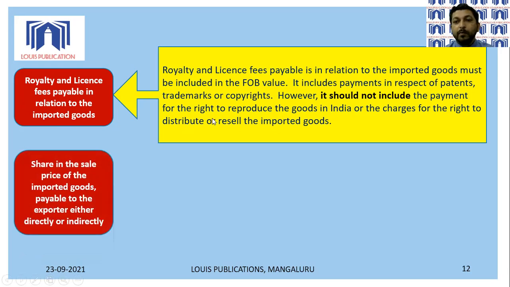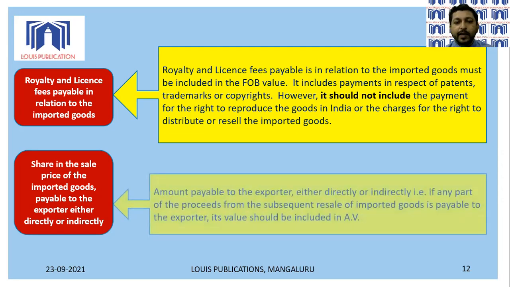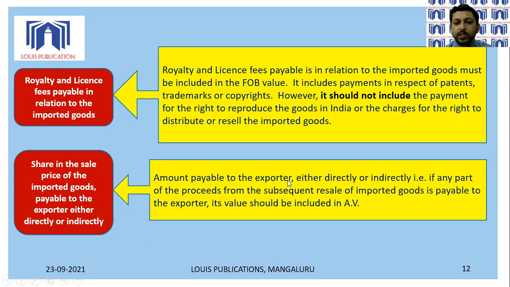Sometimes in an agreement between the importer and the exporter, the pricing of the goods on exports or imports, from the importer's point of view, is shown less in the bill of entry, and they have entered into an agreement that a certain percentage of the sale price must be shared by the importer with the exporter. If there is any condition of that kind, then the amount payable to the exporter, either directly or indirectly, that is, if any part of the proceeds from subsequent resale of the imported goods is payable to the exporter, its value should be included in assessable value, because customs duty levied is less.